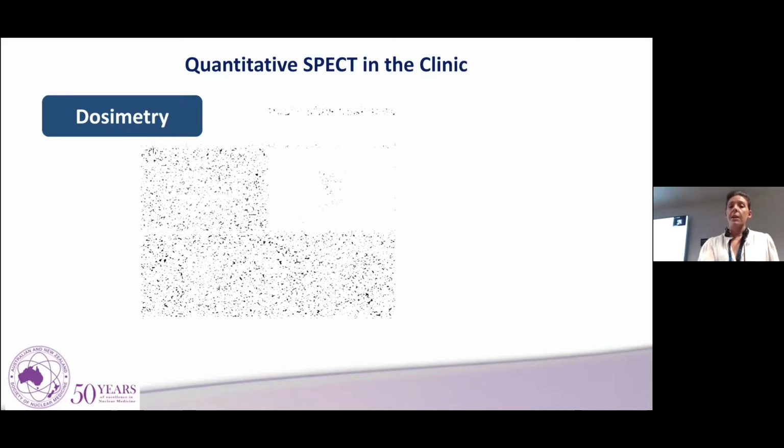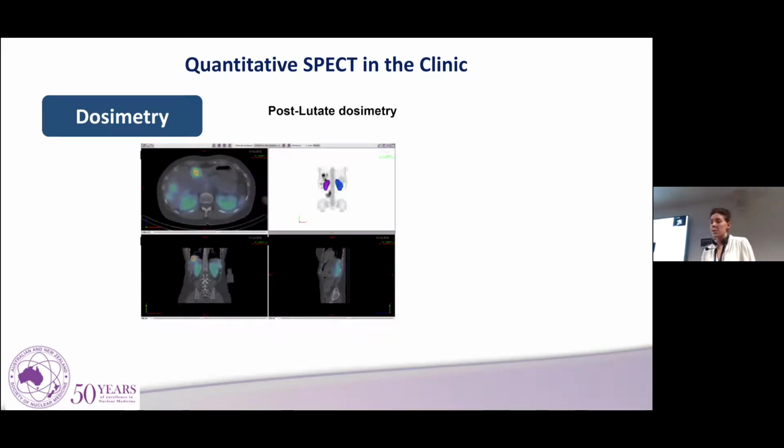On the flip side, looking at post-treatment dosimetry, one of the areas which I think has really boosted the interest in quantitative SPECT and dosimetry in general is the treatment of neuroendocrine tumours with lutate therapy.